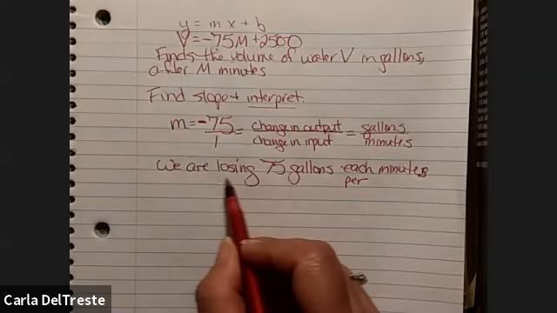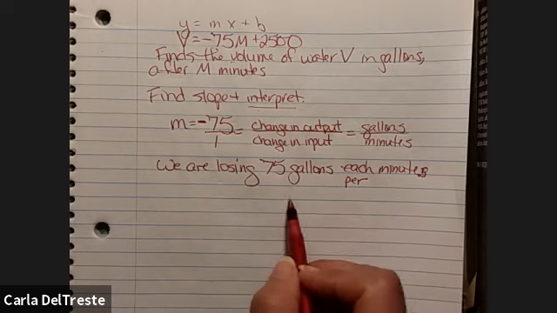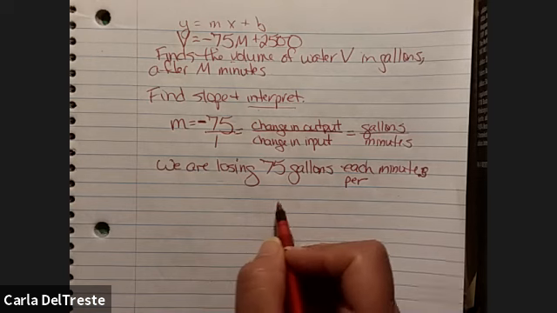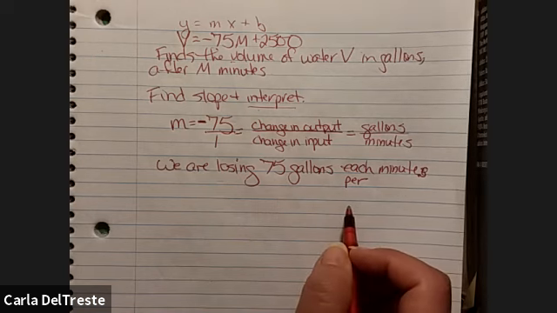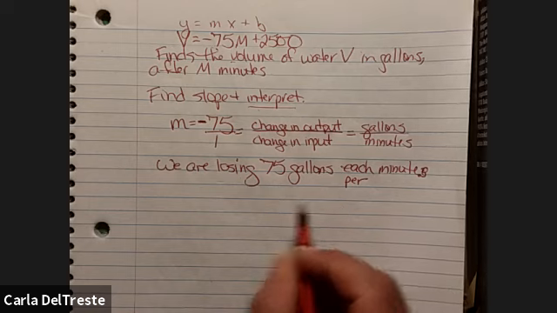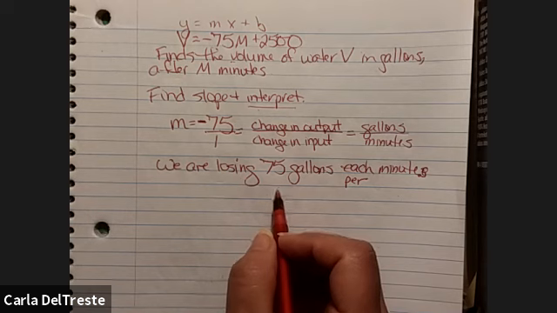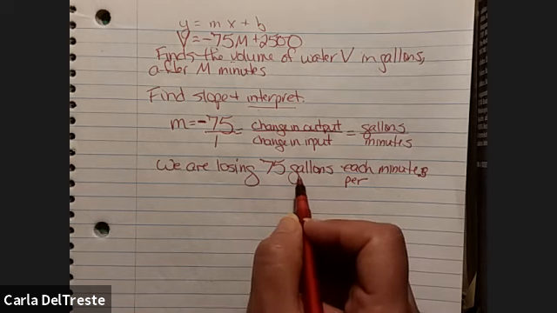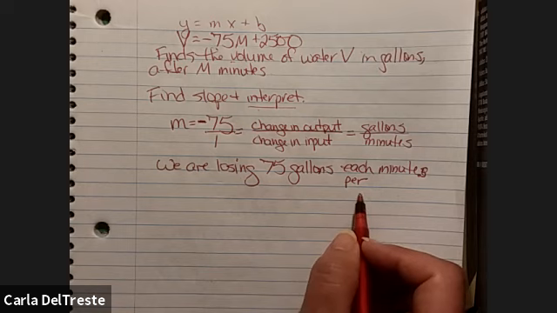We could have rephrased this whole thing and said for every minute that goes by, we lose 75 gallons of water. That would also have been the same thing. So there's lots of different ways that you can phrase it. The point is that you're describing the increase or decrease and then the units of change in output per change in input.